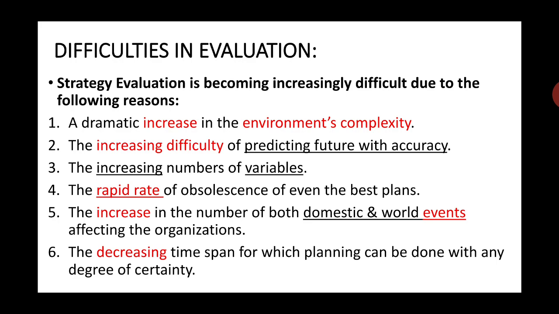Number 6, the decreasing time span for which planning can be done with any degree of certainty. It means the decreasing period of time makes it difficult to plan perfectly or with certainty. There might be a difficulty to do so. This is the idea here.